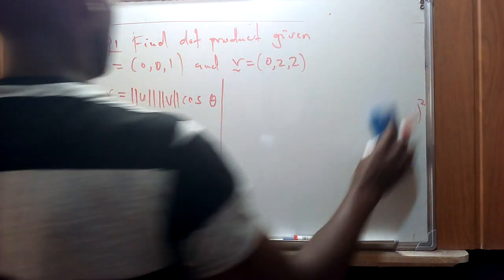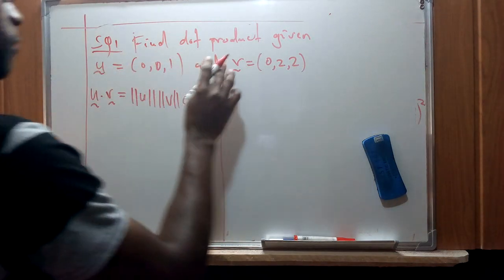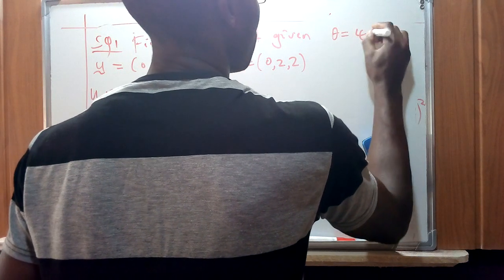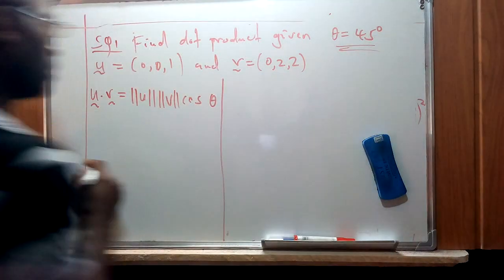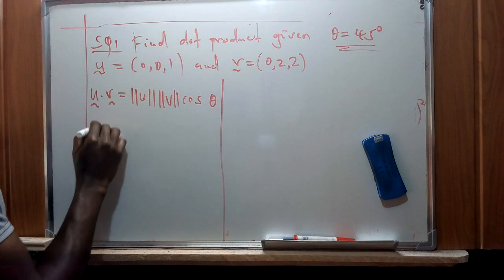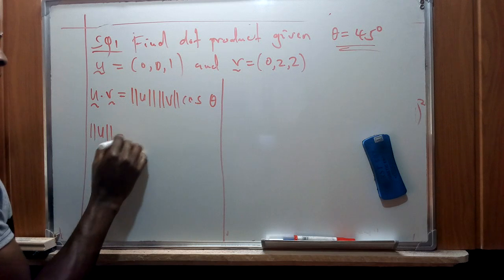We are told to find the dot product of the two given vectors, given that theta is equal to 45 degrees. So step one, we find the norm of u.